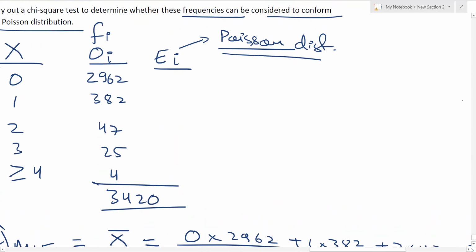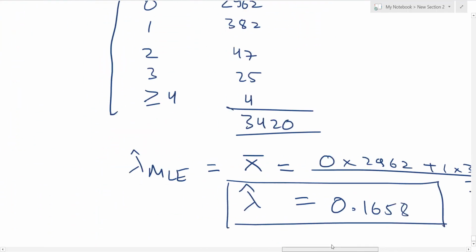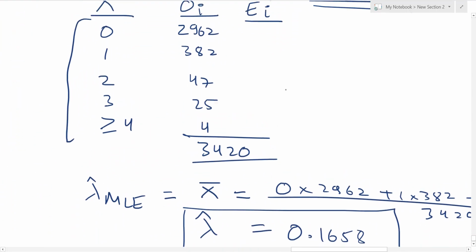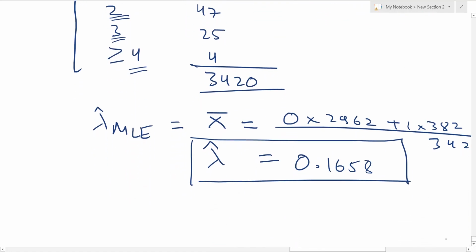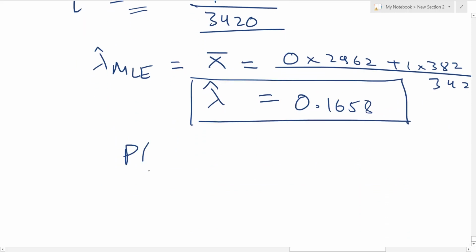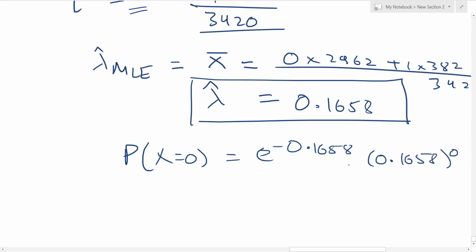So now based on this lambda value, I can actually find the probability of getting 0 claims on a policy, 1 claim, 2 claims, 3 claims, 4 or more claims. How will I do that? Probability X equal to 0 will be e to the power of minus lambda, that is e to the power of minus 0.1658, times 0.1658 to the power of 0 upon 0 factorial, right?